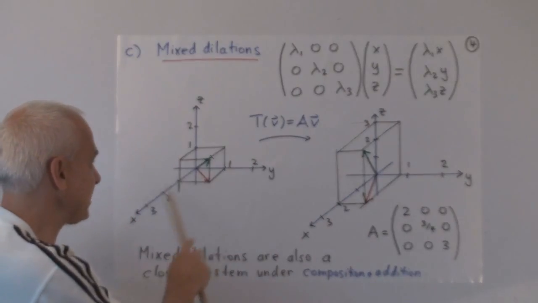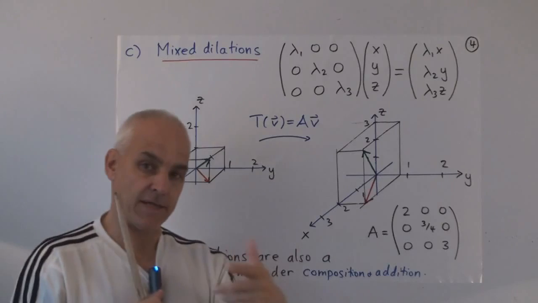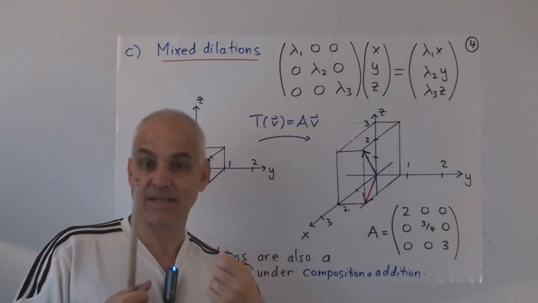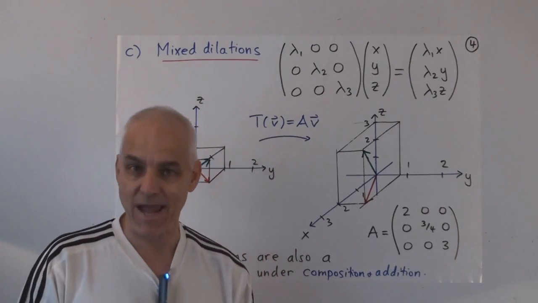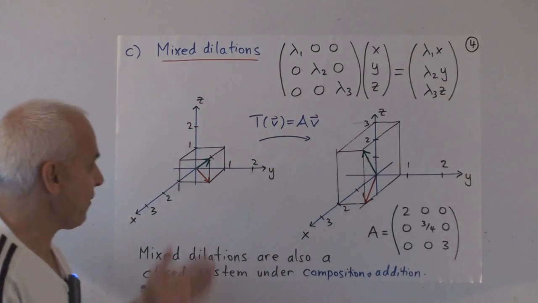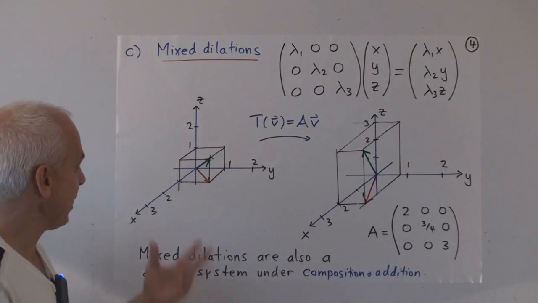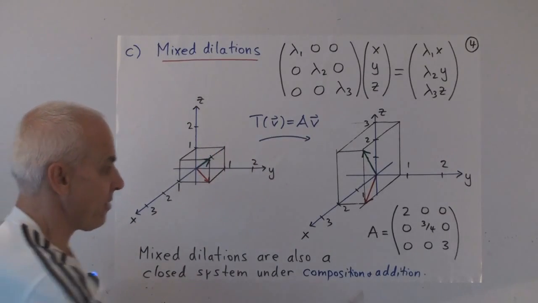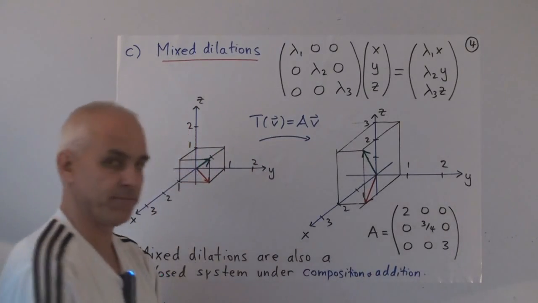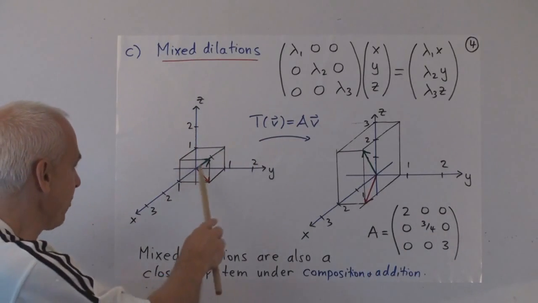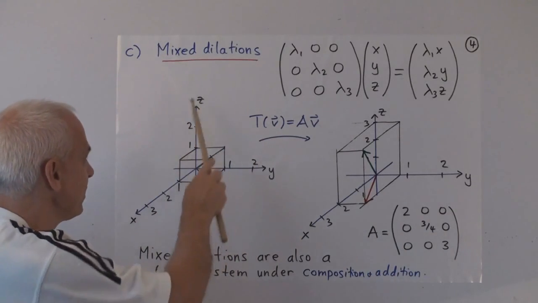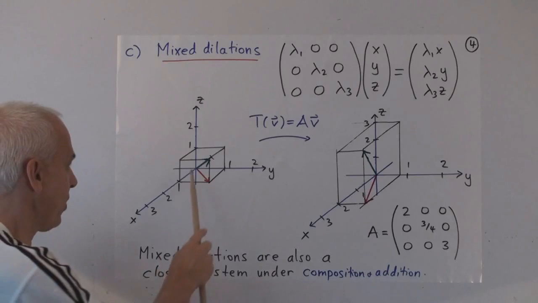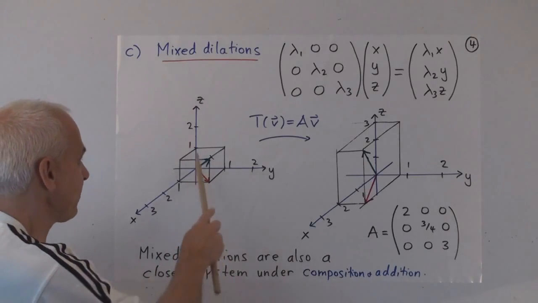So the three axes are still being maintained, but there's different scaling occurring on each of the three axes. For example, here's a picture of a particular transformation like that, where the matrix is this one here. There's our original axes, x, y, and z, with scaling as shown.